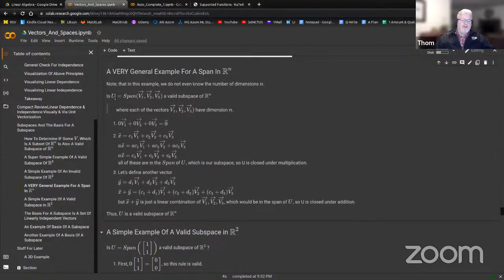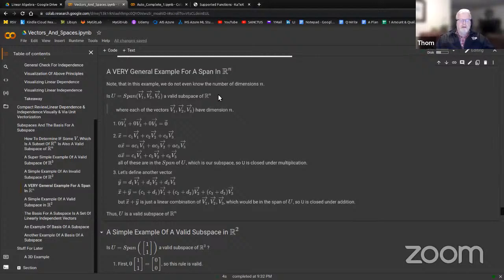So we're saying U is a span, or U is a subspace. It's a span of V1, V2, and V3. So remember, when we create a span, it's all real numbers multiplied on this vector, and all real numbers multiplied on this vector, and all real numbers multiplied on this vector, and that gives us a span.